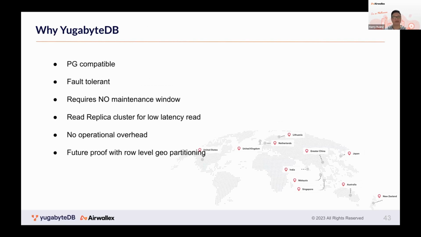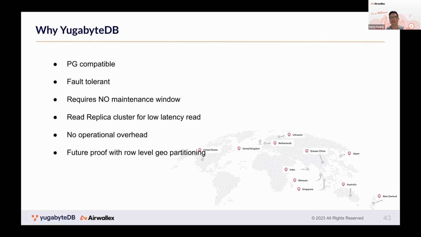Okay, so why did we decide to go with YugabyteDB? There are a few benefits to adopting YugabyteDB from our point of view. To begin with, it's the Postgres compatibility, because we have a lot of existing services already on Postgres, and our devs have extensive experience with the Postgres toolchain.